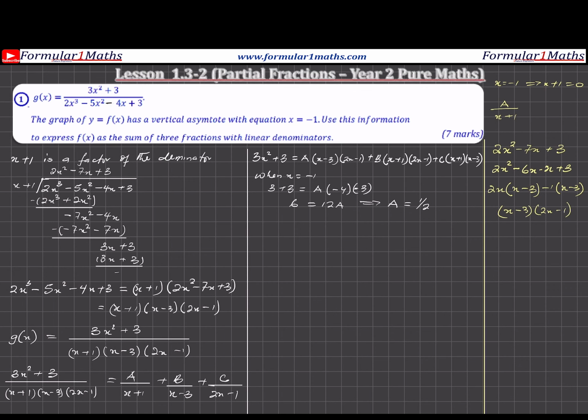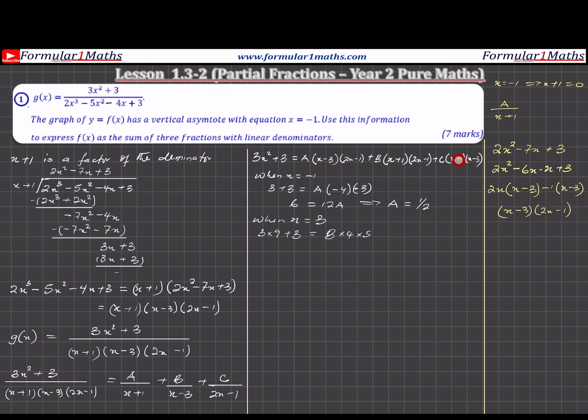1 over 2. When x is equal to 3, then on the left-hand side, I have 3 times 9 plus 3 is equal to b times 4 times 5. Again, because the whole of this term becomes 0, because x becomes 3, and 3 minus 3 is 0.